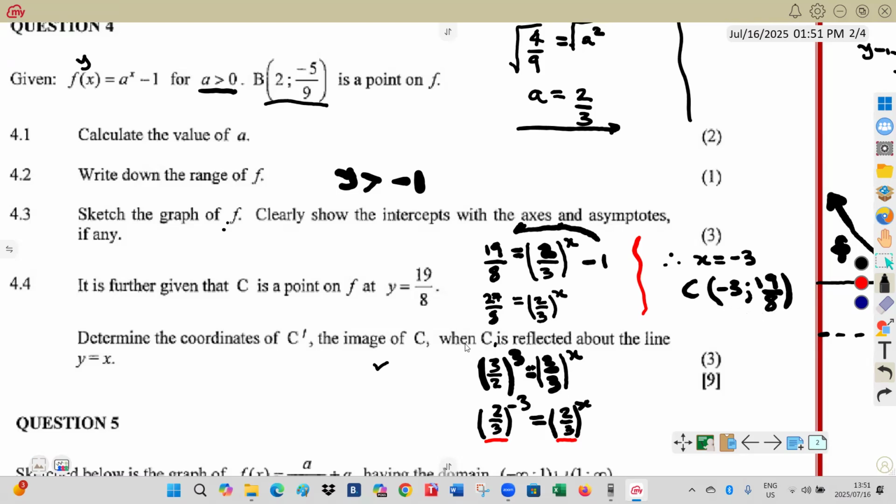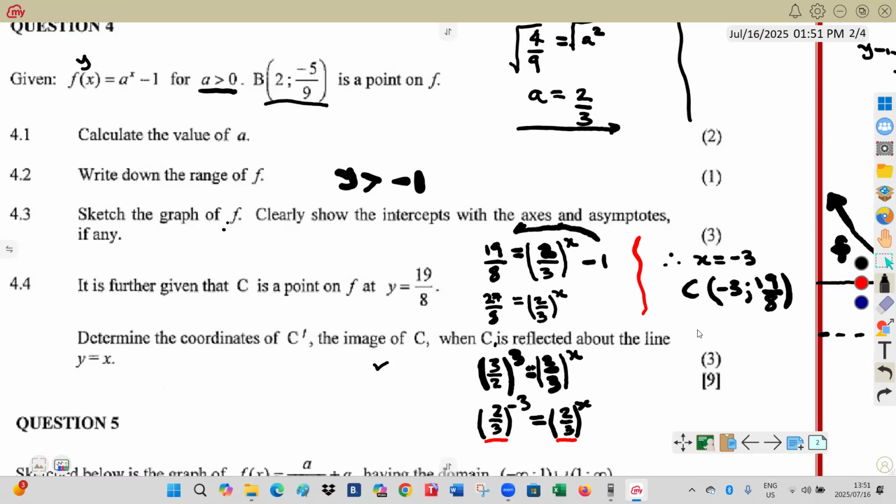But the question is saying, determine the coordinates of this C prime, the image of C when C is reflected about the line y equal to x. You have to know when you reflect about the line y equal to x, we are getting the inverse. And to get the inverse, it simply means we interchange x and y.